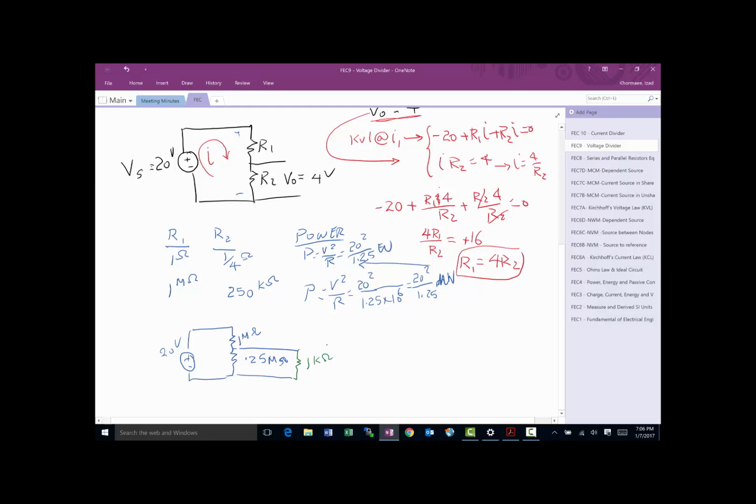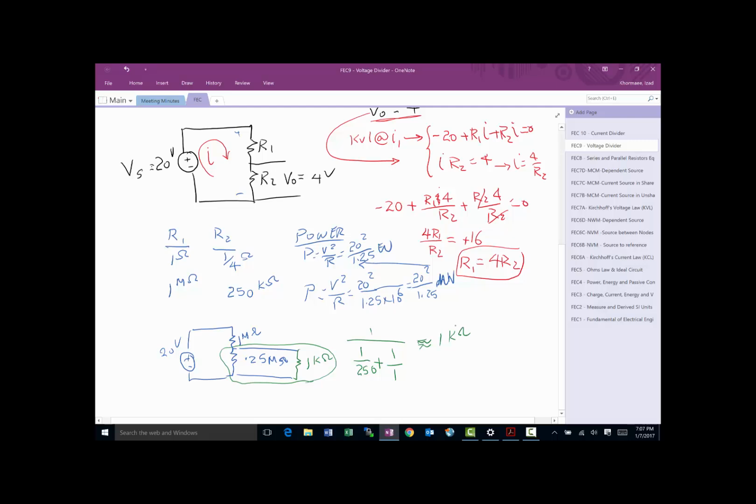So if I do that, I have to combine these two resistors together, as in earlier videos. You can combine this by basically 1 over 250 plus 1 over the whole thing, and when you combine this, it is approximately 1 kilo ohm.